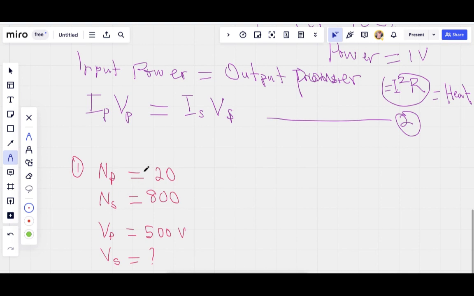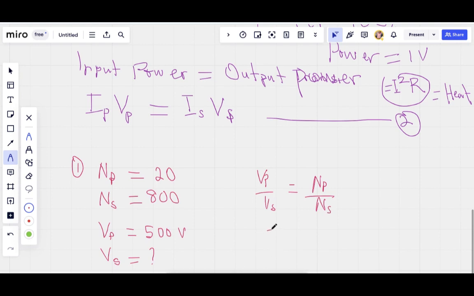So the formula we're using is the first one, not the ideal situation case. VP over VS is equal to NP over NS. So we put the values.